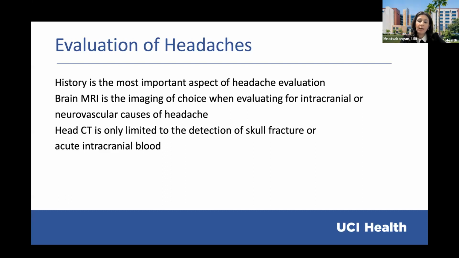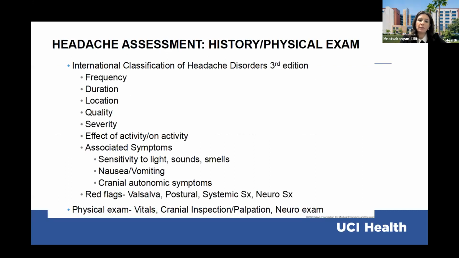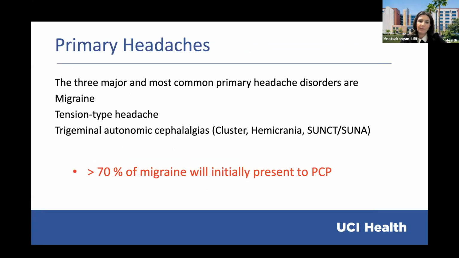Head CT is a quick way to rule out something major, such as skull fracture, bleeding, or a large mass lesion, but it's not sensitive to smaller structural lesions. In obtaining the headache history, it's important to pay attention to the type and quality of the pain, the frequency, duration, location of the pain, and any associated factors along with the main pain symptom.